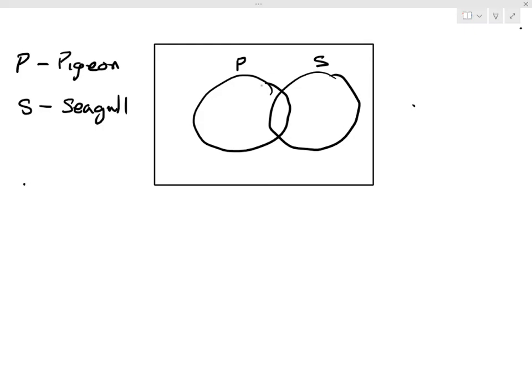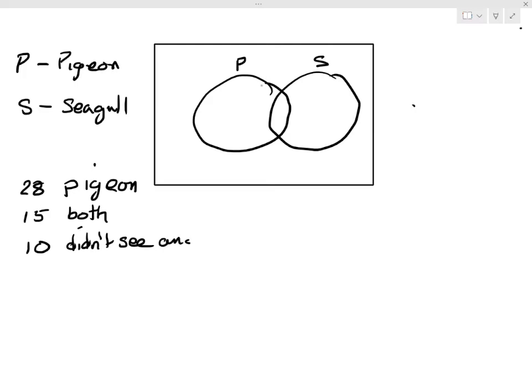Of them, 28 saw a pigeon, and 15 saw both. And 10 didn't see anything. They must have had their eyes shut.